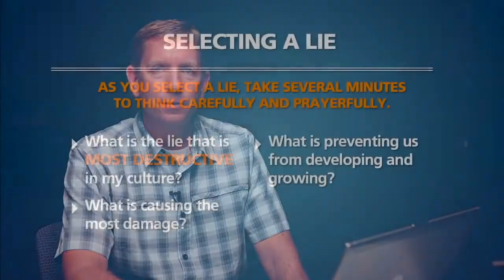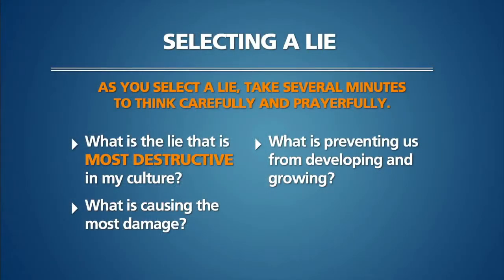So what I want you to do right now is take several minutes, and think carefully and pray and ask God to give you insight into a lie that is very destructive in your culture. What is causing the most damage? What is preventing you, your nation, from developing and from growing?